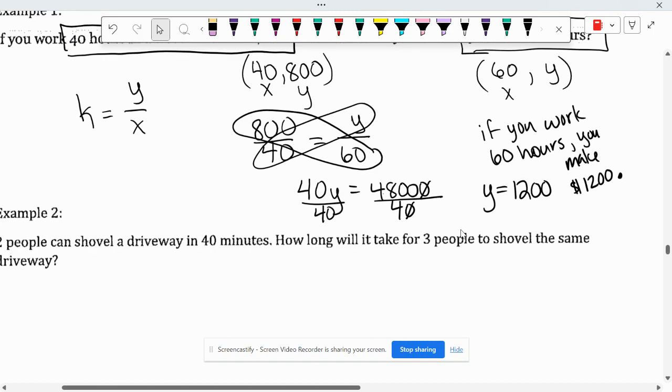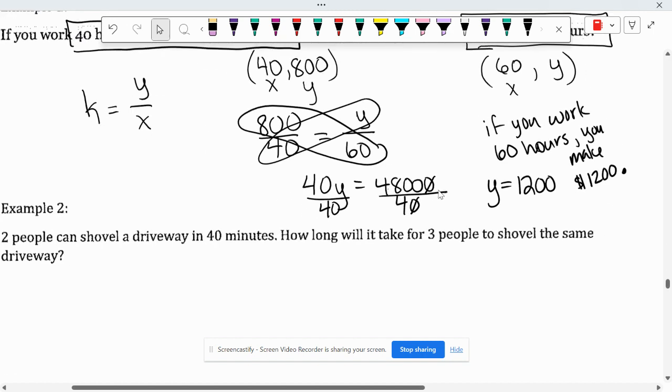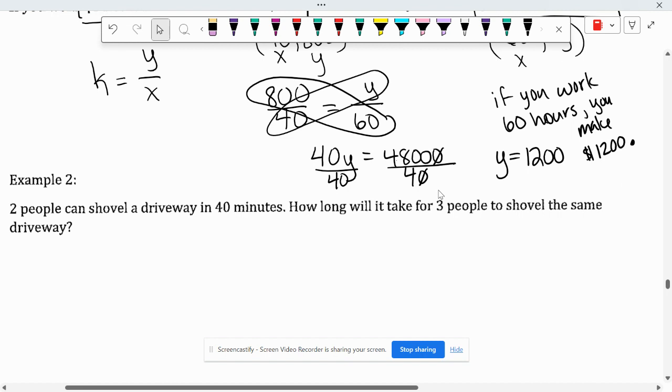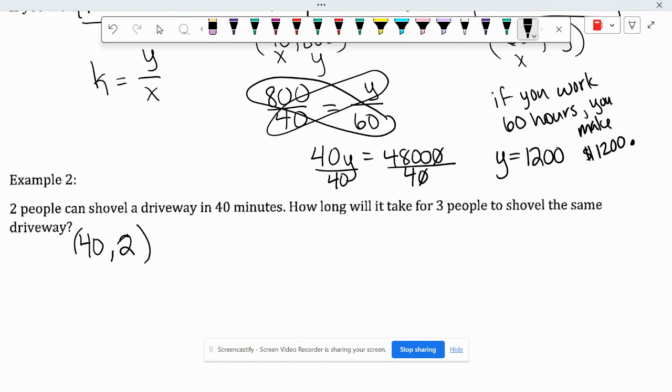So here's how I try to think about it realistically, like that whole, the more you work, the more you make. So if two people are shoveling and it takes them 40 minutes, so 40 minutes with two workers, how long is it going to take with 3 workers? It should take less time.